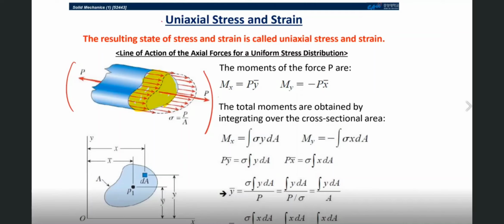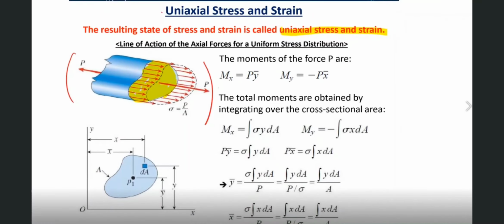The resulting state of stress and strain is called uniaxial stress and strain.